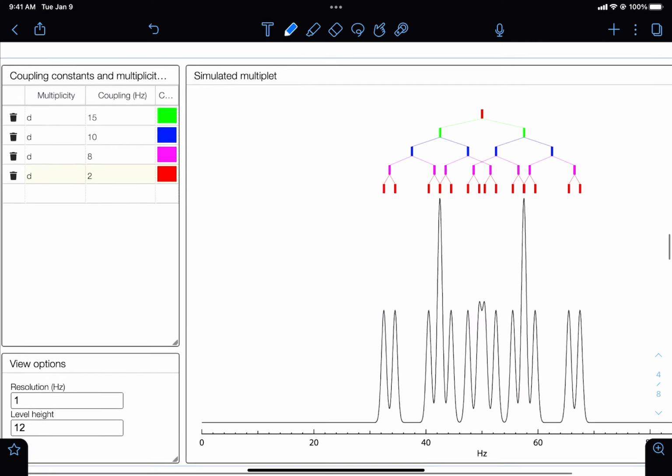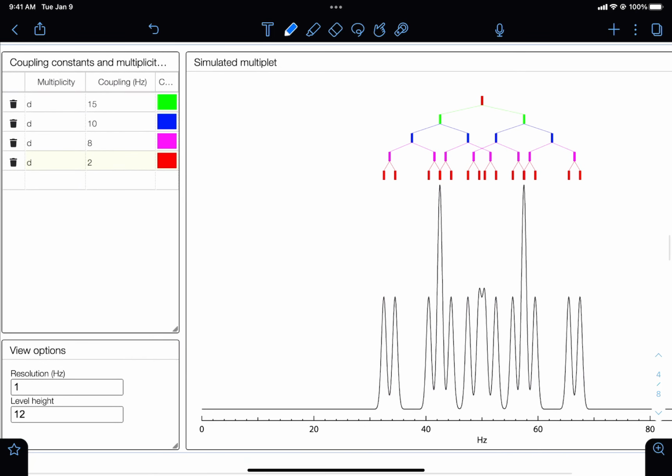This is from a multiplet simulator. I don't have the link here, but if you Google multiplet simulator, I think it's probably the first result on Google.